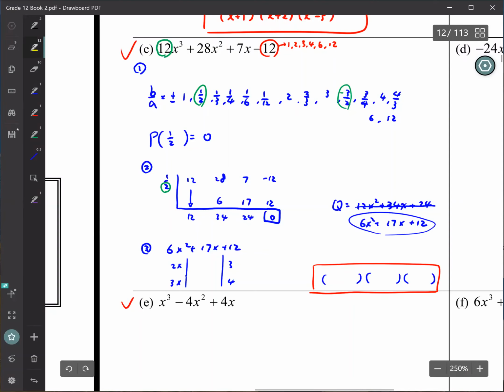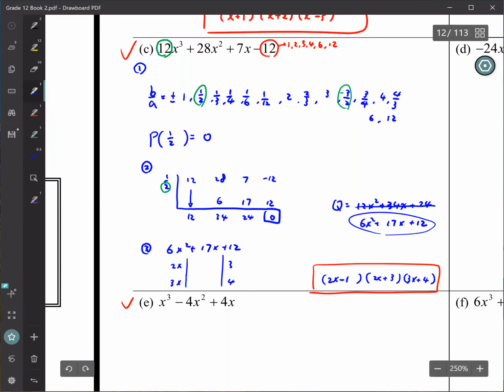So what about the first bracket? If you get half, what's the factor then? Tiana, what's the first factor? 2x minus 1. Yeah, 2x minus 1, and then after that, you just copy from the factors: 2x plus 3, 3x plus 4.